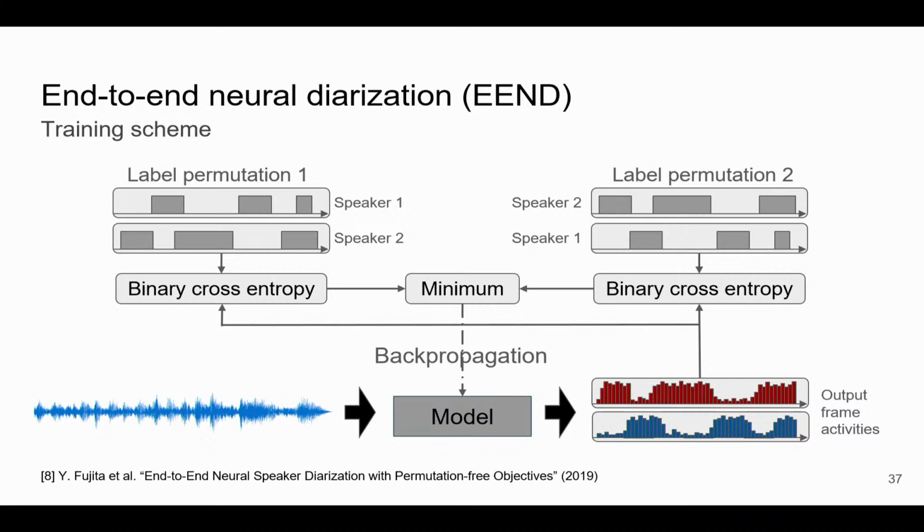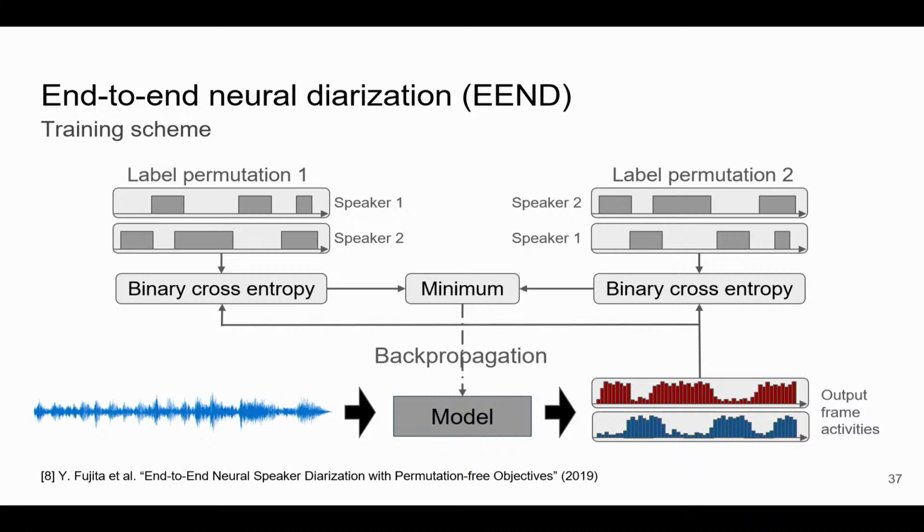But the first way of modeling diarization with end-to-end models was end-to-end neural speaker diarization with permutation-free objectives. We discussed at the very beginning that for diarization, we don't care about the specific identities. We just want to tell the speakers apart, so different permutations of the labels can be valid. And that's something you need to take into account when you want to train your model in a general way for diarization.